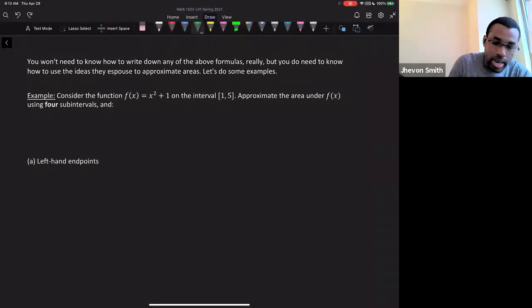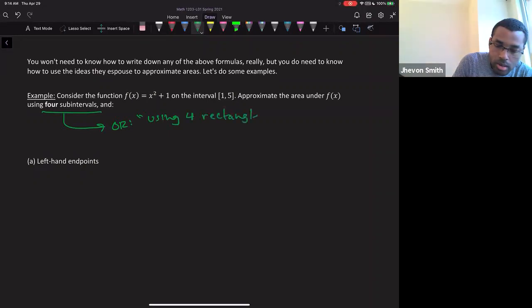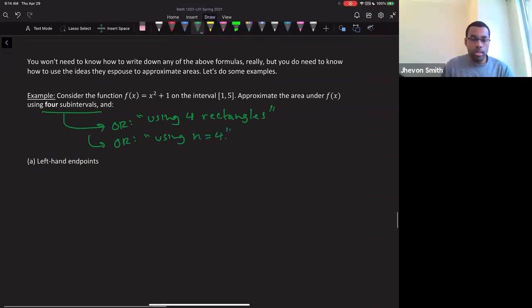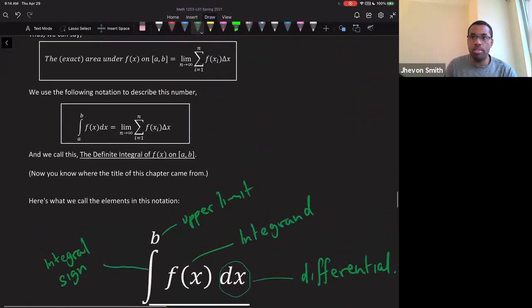There are other ways that I could have phrased this. I could say using 4 rectangles, or I could say using n equals 4, because of how we set up our notation, n is the number of rectangles.